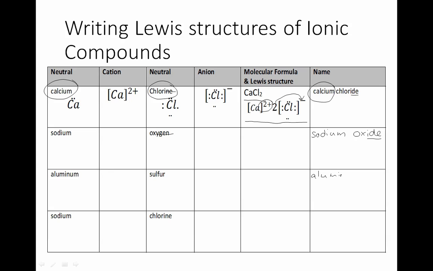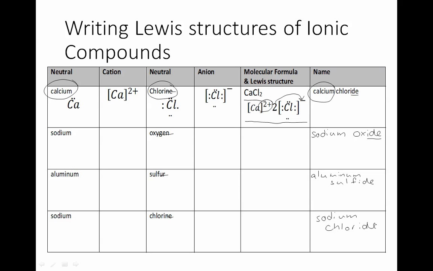So aluminum and then sulfur, remove the ending, gives us sulfide. What about this next one? This one's not tricky. So what do you think? What's its name? Sodium, remove the ending, chloride. Good.